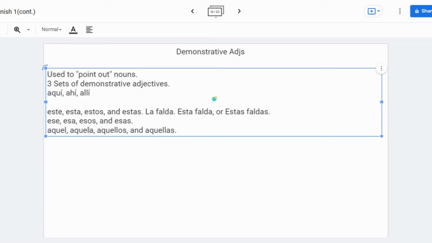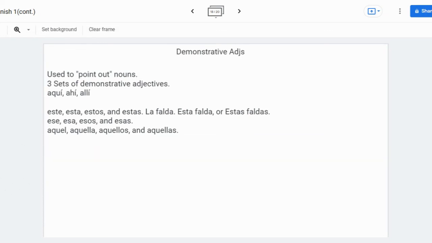Oh sorry, I actually made a mistake. It's supposed to be aquella, and then aquellos, and then aquellas. Remember, they're used with allí. So if you want to say something is very far, but of course you can still see it, otherwise you wouldn't point it out, you would use this third set, which is aquel, aquella, aquellos, and aquellas. They work just like these other demonstrative adjectives, but they're more complicated because they're different from the other two sets. So that's why I said it was closer to Spanish 2.